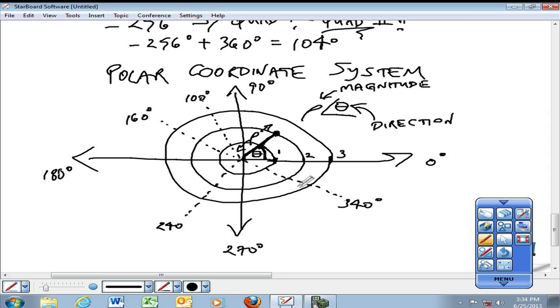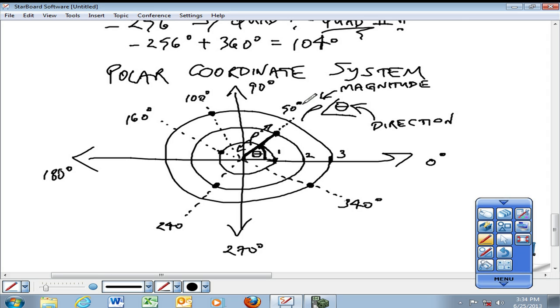Now what I'm going to do is place a few dots in different locations, here and there and everywhere. And actually, let me give this an angle too. Let's say this is about 50 degrees.